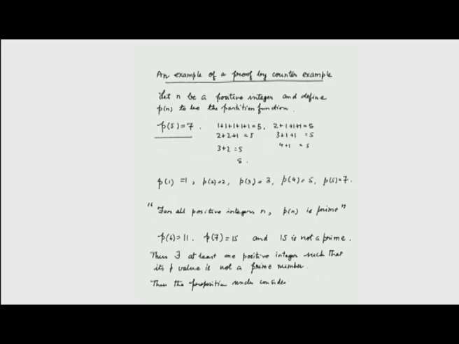Thus, the proposition under consideration is false. This is an example of proof by counter example. The counter example is the number 7 whose p value is 15, which is not prime, and therefore, the proposition is not true. We stop here today. Thank you.